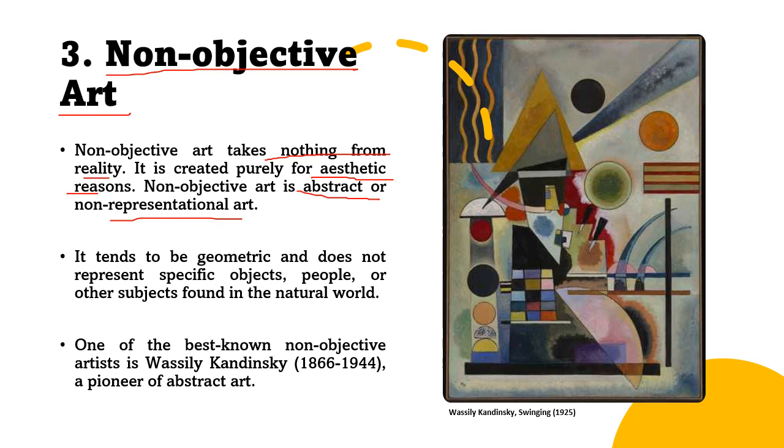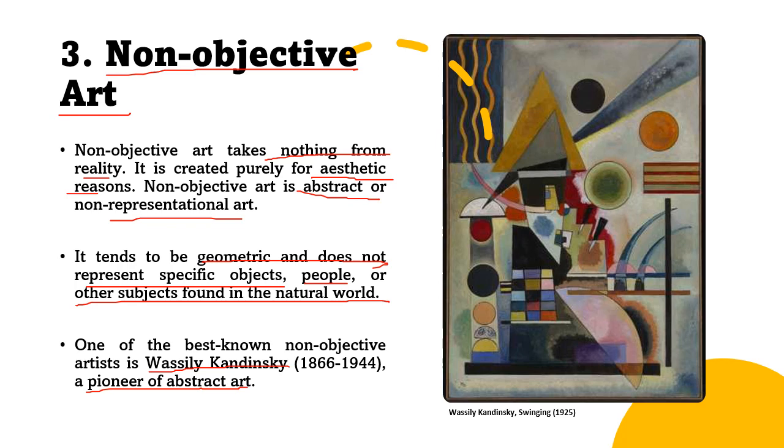It tends to be geometric and does not represent specific objects, people, or other subjects found in the natural world. One of the best known non-objective artists is Wassily Kandinsky, from 1866 to 1944. He was a pioneer of abstract art.